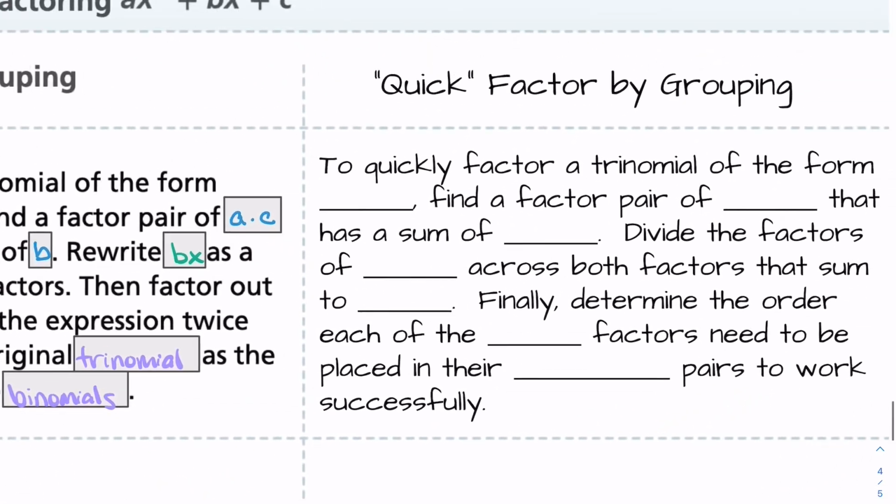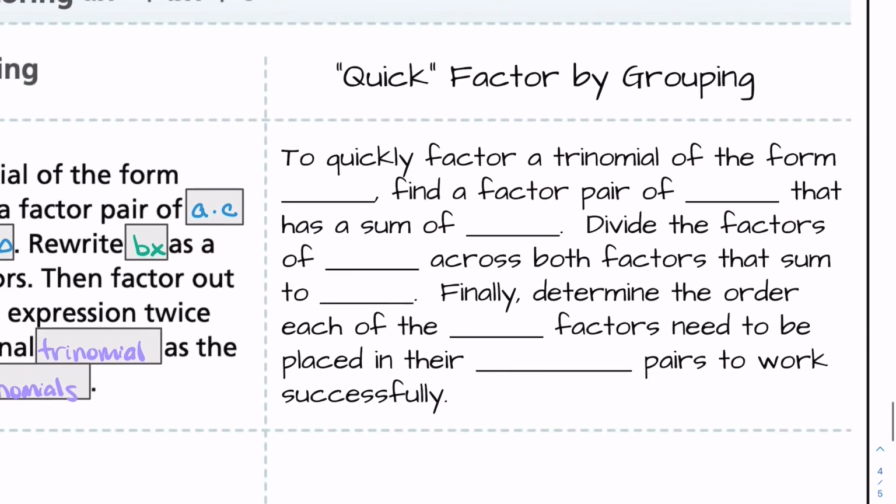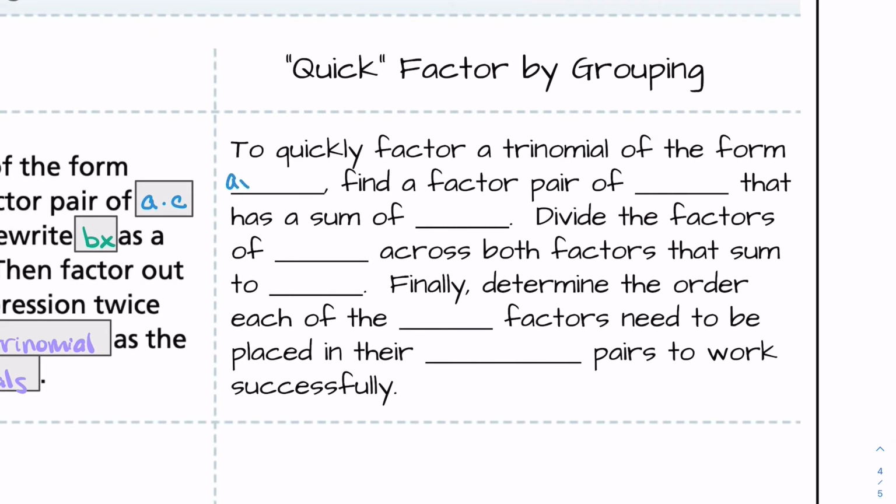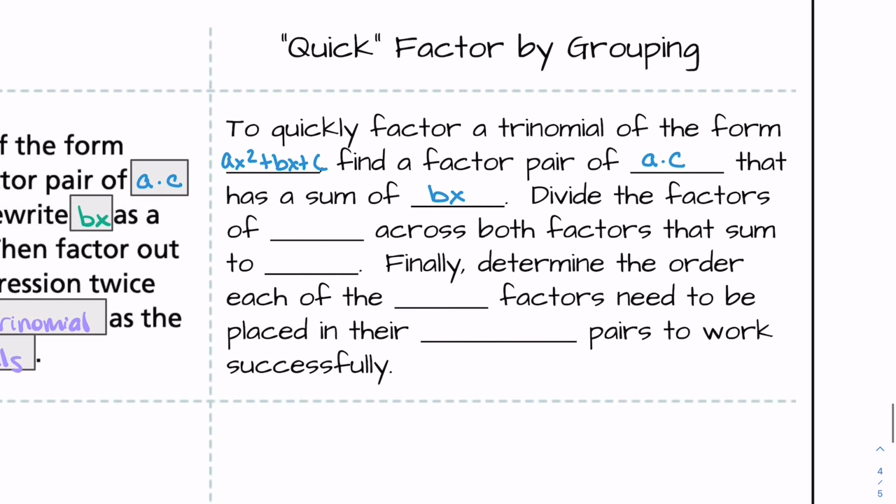Now, using the quick method to quickly factor a trinomial of the form, you guessed it, ax squared plus bx plus c. First, find a factor pair of, you guessed it, ac, that has the sum of, I apologize, sum of b.